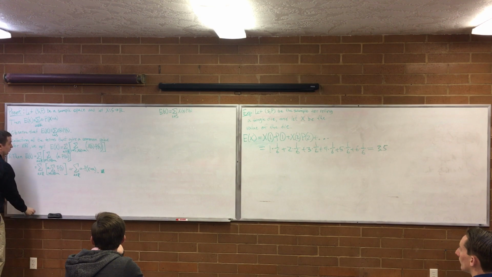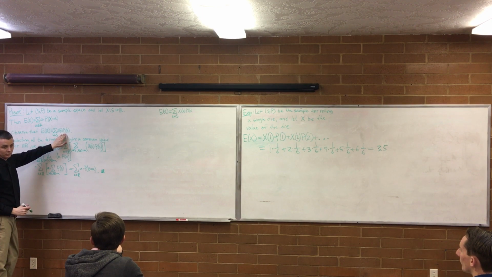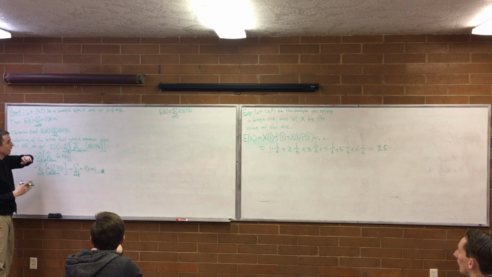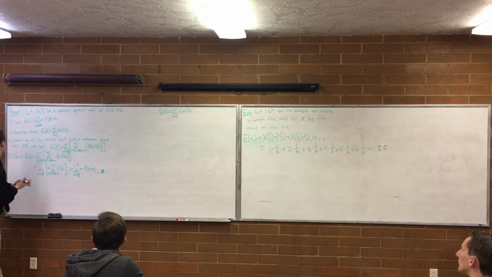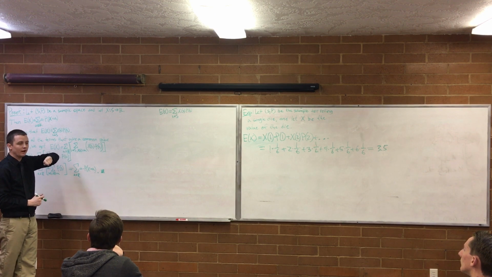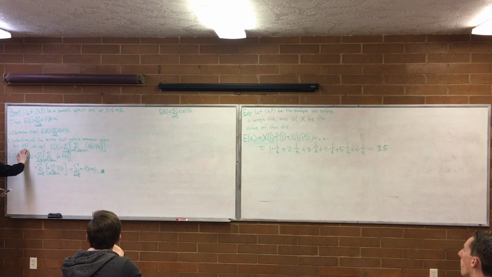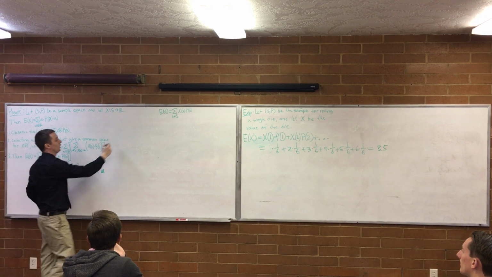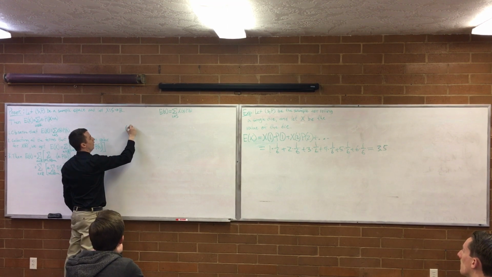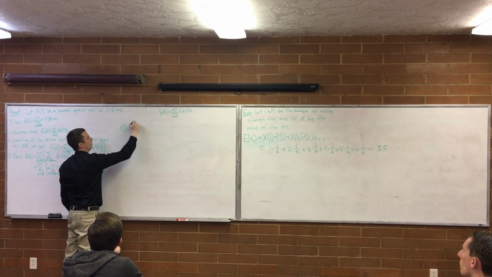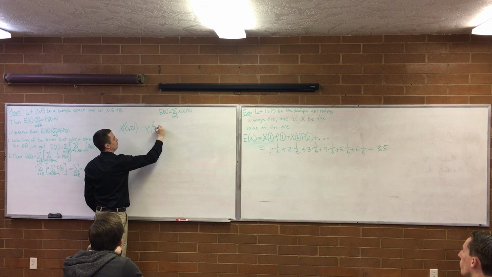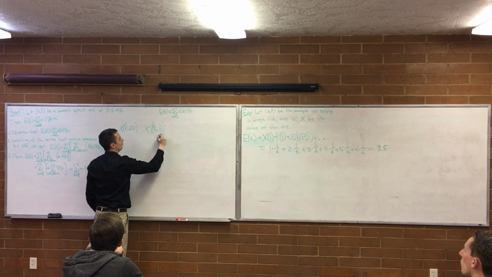Now, what we're going to do, this is a sum, right? We're going to break the sum down. We're going to collect all the terms in the sum that give us a common value for X. So for example, when we're talking about rolling 2 dice, X of (1,2) and X of (2,1) both give us 3.